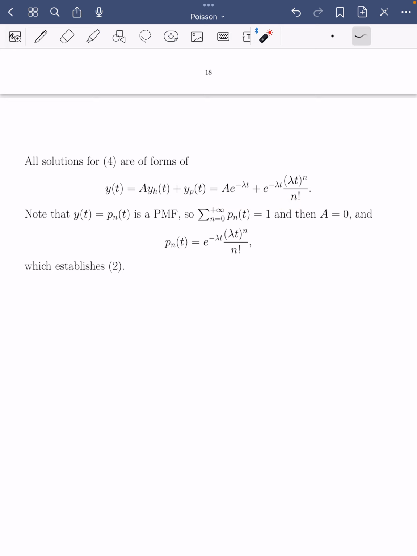And also remember that P_n(t) is a probability mass function, so the sum of this probability mass function must be equal to 1. So if you plug in all of this here, we conclude that this number A must be equal to 0. So this term just goes away. So we conclude that P_n(t) is equal to e to the negative lambda t times (lambda t) to the power n over n factorial. This is exactly what we want.